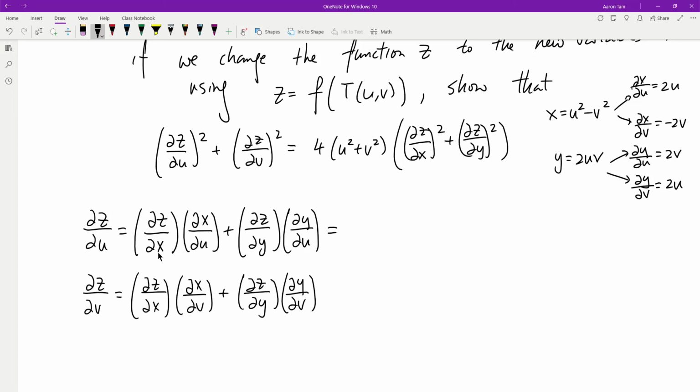So dz over dx times dx over du would be 2u dz over dx. And dz over dy multiplied by dy over du would be plus 2v dz over dy.